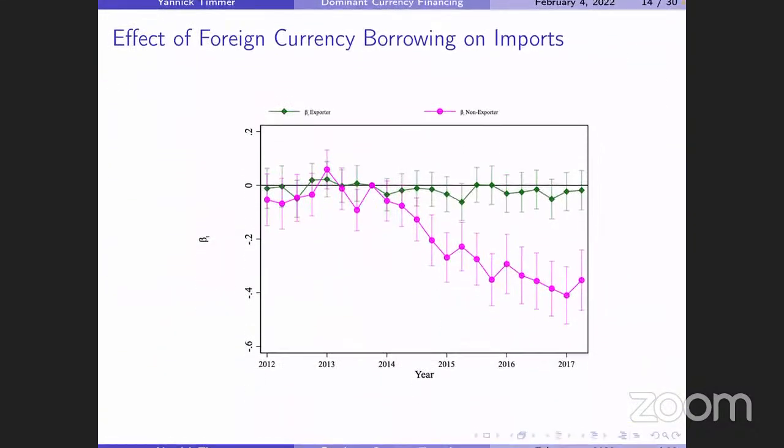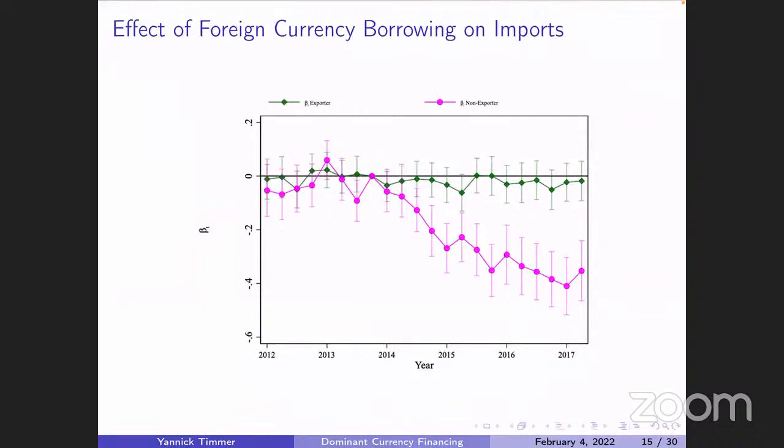When you compare the importers and exporters to each other in the same graph, you can see that again for non-exporters, there's a very strong decline in the imports when the depreciation hits, if they have more foreign currency borrowing. But for exporters, you do not find such an effect.